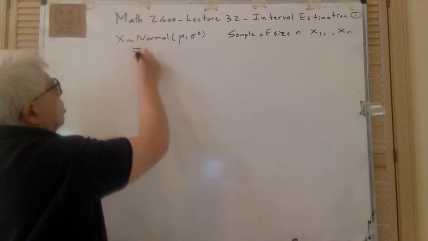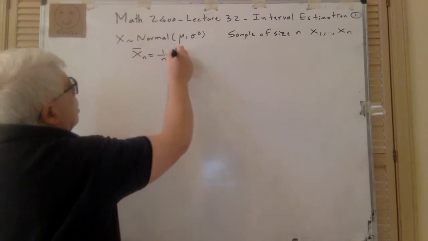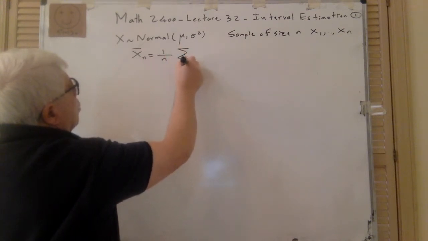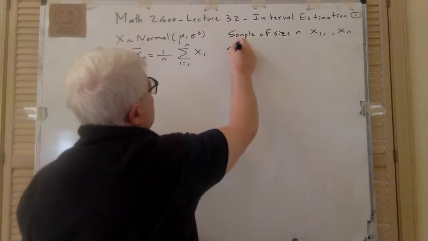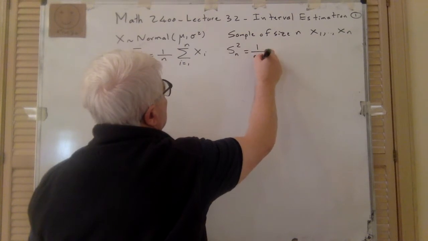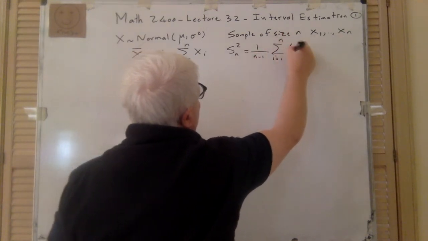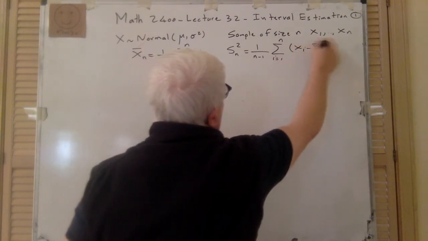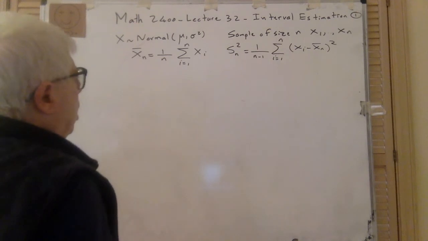So let's just write x bar as a random variable. That's 1 over n, sum over i from 1 to n of xi, and s squared. Let's put n here because this is also an n. It's 1 over n minus 1, sum over i from 1 to n of xi minus x bar n, squared. Okay.